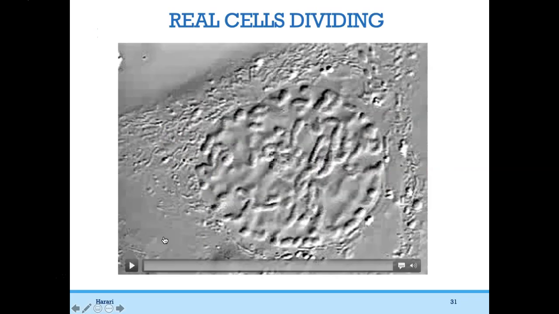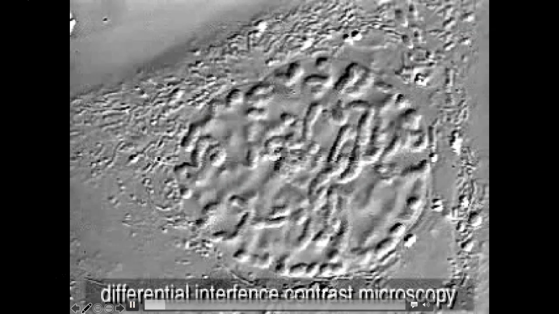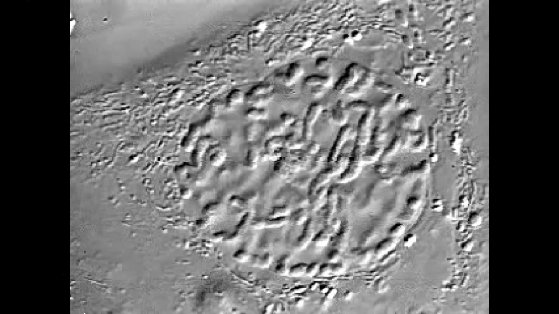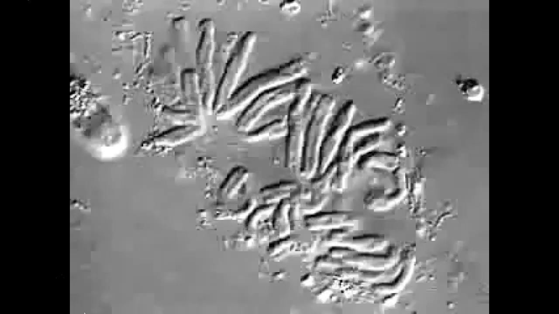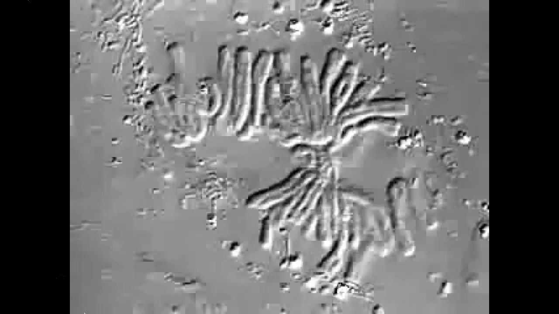So here's a picture of real cells dividing. Differential interference contrast microscopy is used here to visualize mitotic events in a lung cell grown in tissue culture. Individual chromosomes become visible as the replicated chromatin starts to condense.